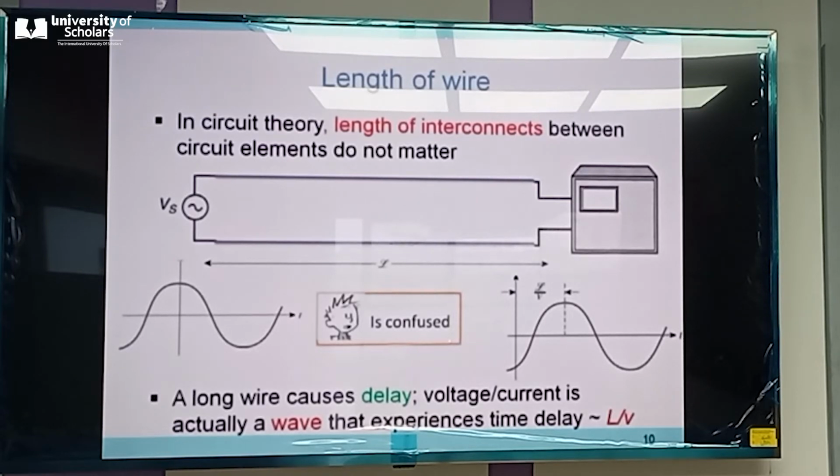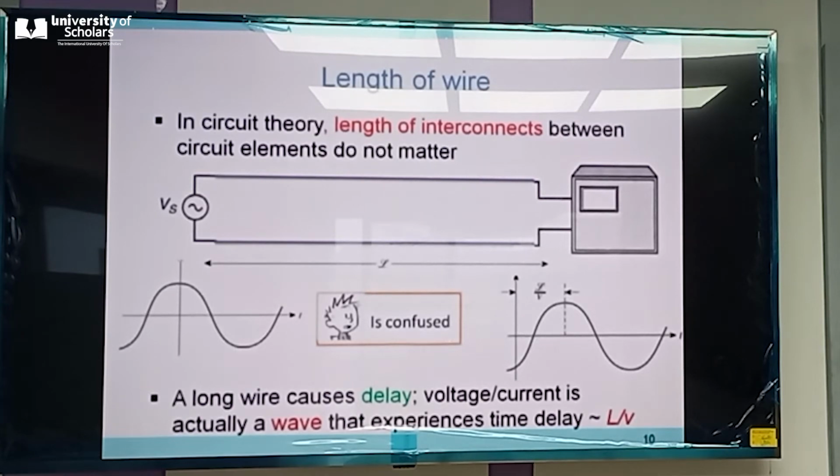You can take the length of the wire to be 1 kilometer, 2 kilometers, or even 3 kilometers; it does not matter for the circuit people. Whatever voltage is over here should be the voltage at the load end.